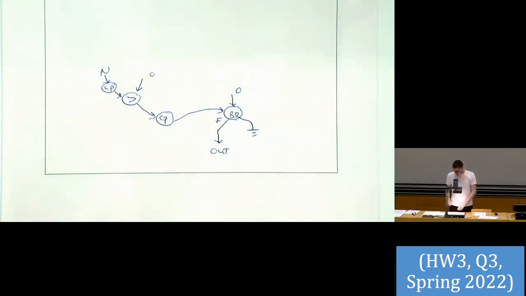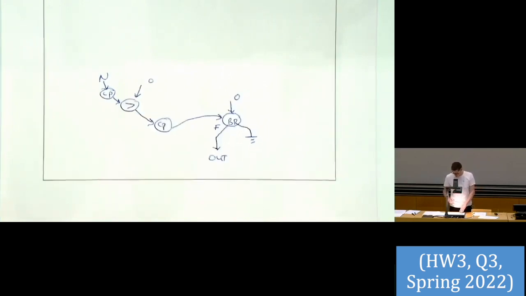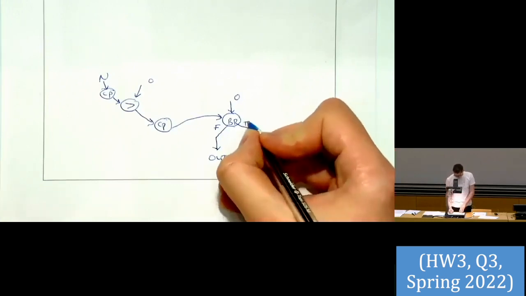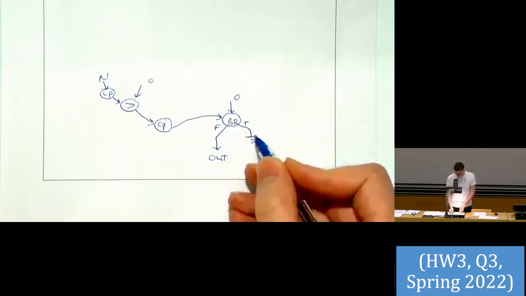Okay, so the next step is making it work for other values too, right? So for n equals 1, it should return 1. So we should do something else to implement that case. So let me put T here to indicate the true path.